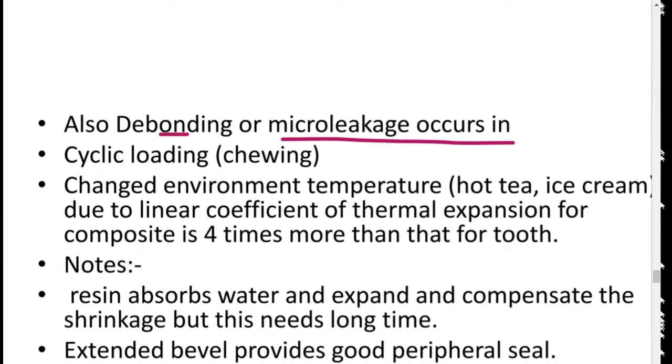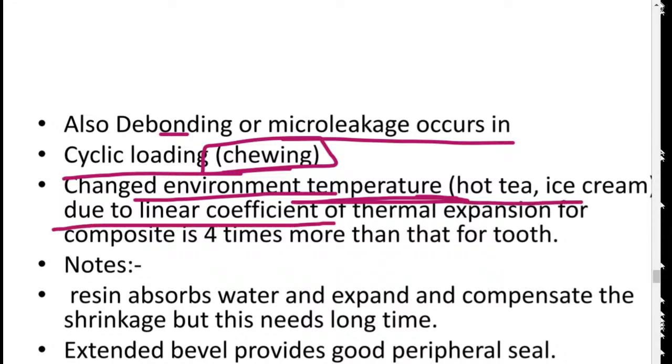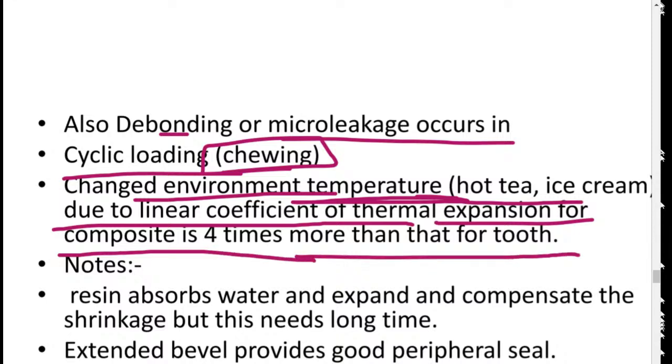Also, debonding or microleakage can occur in cyclic loading, which is chewing, changed environmental temperature, hot tea, ice cream, due to linear coefficient of thermal expansion for composites 4 times more than that of tooth.